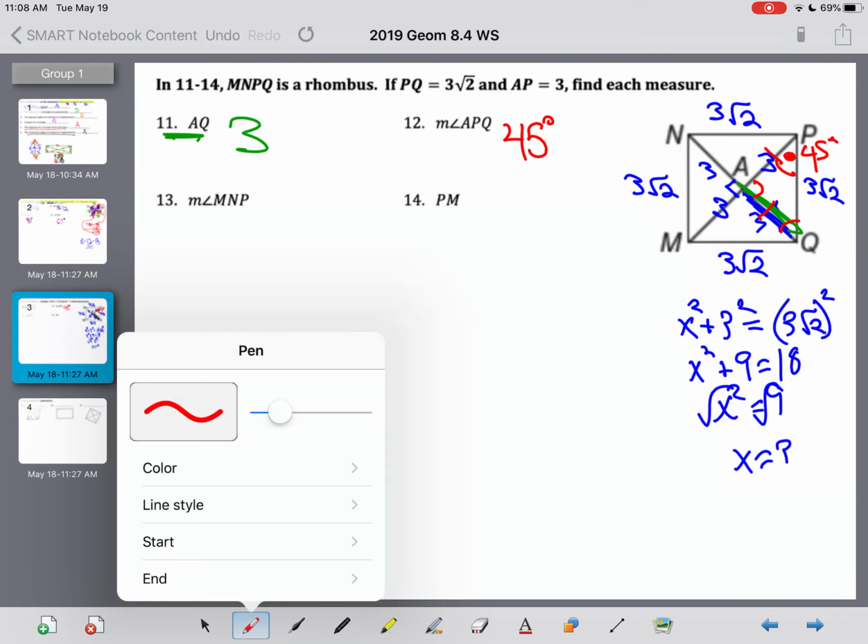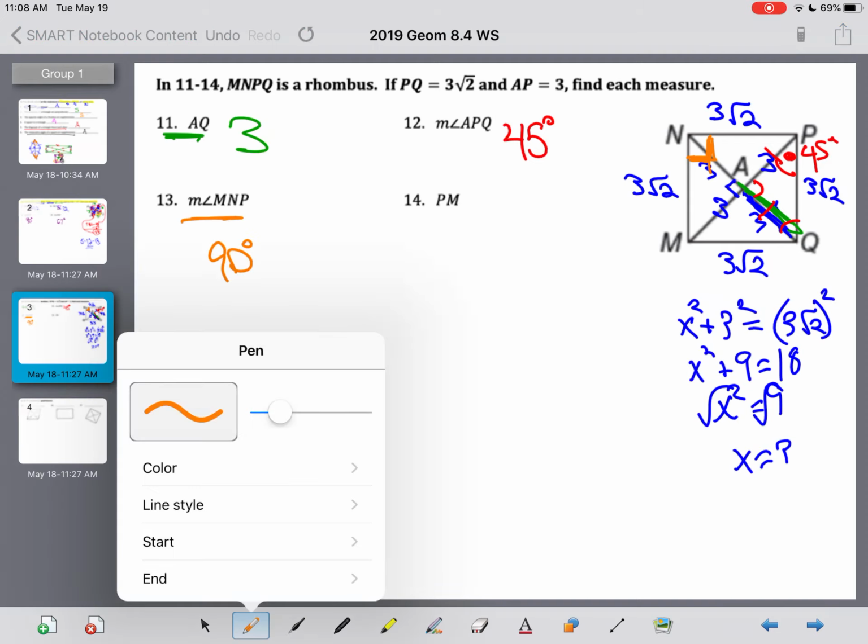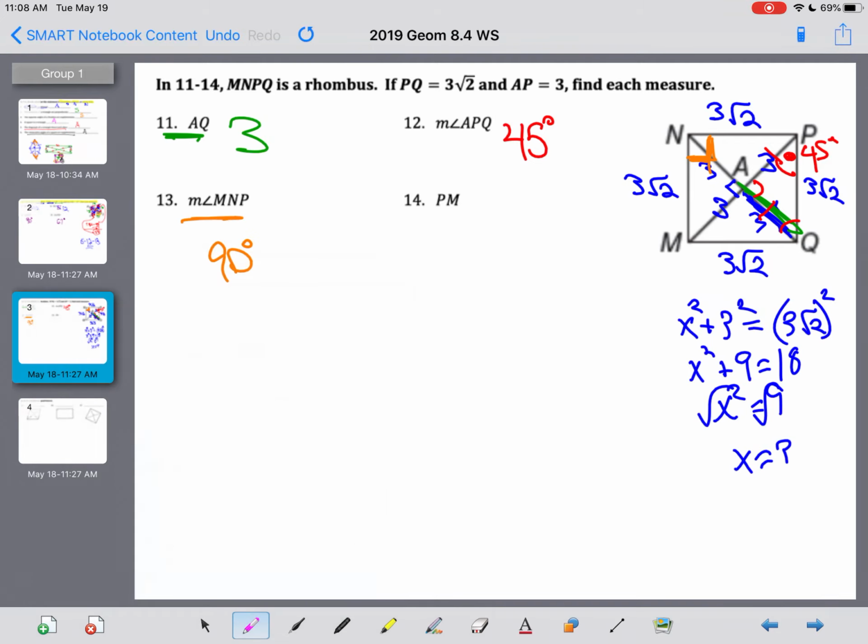Okay. New color. MNP. Well, this has to be a right angle because it is in fact a square because of the other work here. So that's going to be 90 degrees. And PM goes all the way across, so it's 6. But again, the rhombus that led us to a square.